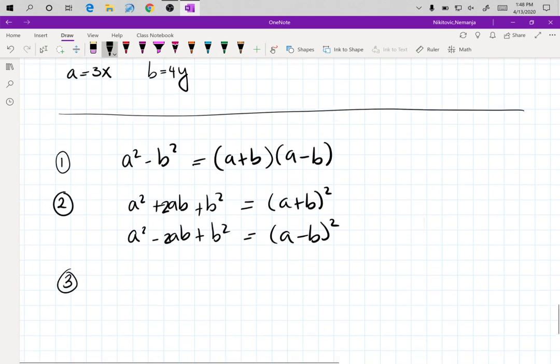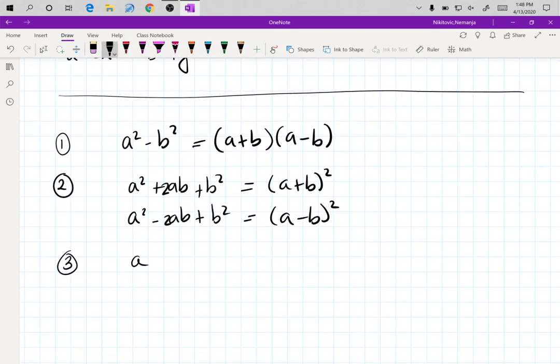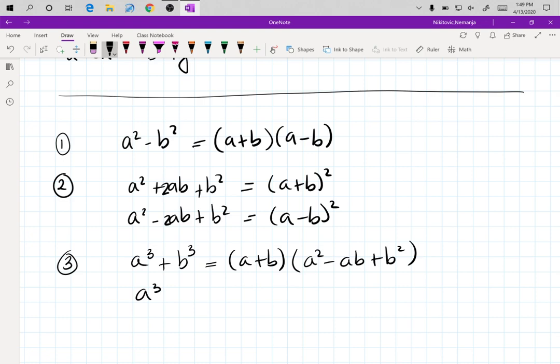And finally 3 for the cubes, a cubed plus b cubed is a plus b, a squared minus ab plus b squared, and a cubed minus b cubed is equal to a minus b, a squared plus ab plus b squared.